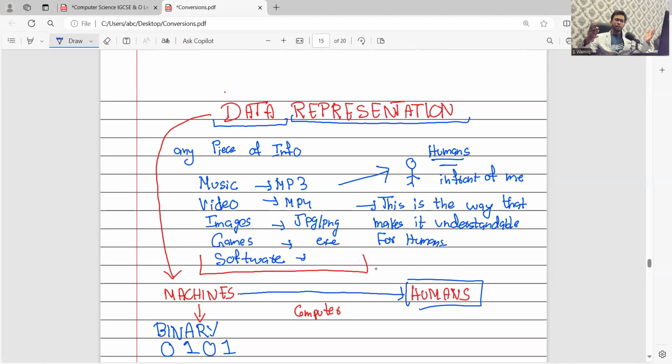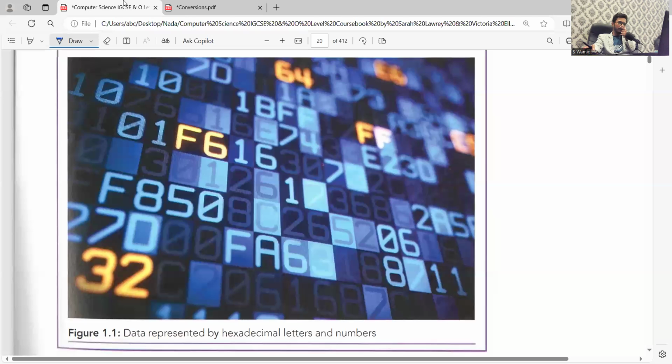But if a computer is representing the data for humans, it has to be in a human understandable form. It is not going to be binary, it is going to be some other language. This is what this chapter helps you understand. If I summarize it, data is represented to humans in an understandable language, and at the same time, data is represented to machines in their language. The language of machines is known as binary.